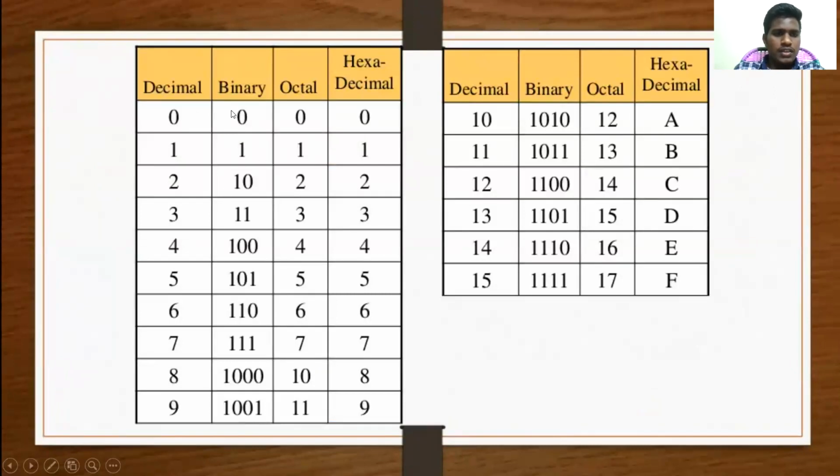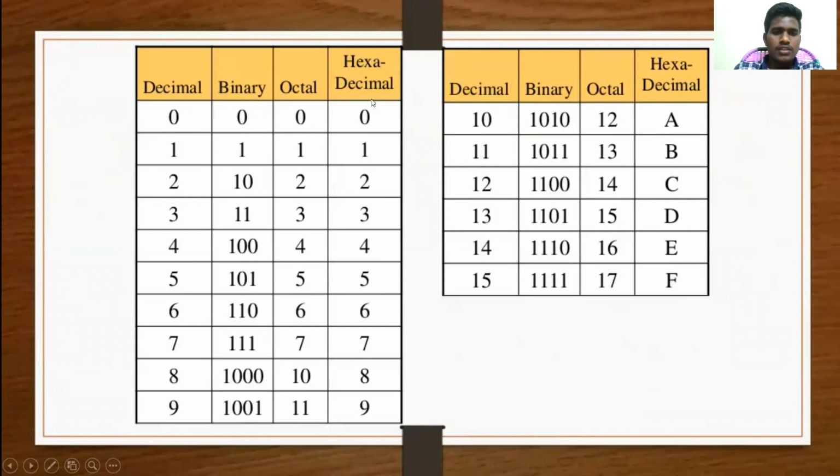This is binary, this is decimal, this is octal, this is hexadecimal. Here in decimal we have 0, 1 up to 15. In the binary number system, only 2 digits will be there, that is 0s and 1s. In octal we have up to 17, but after the 7 the 10 should be there. This is the thumb rule, we have to remember that.